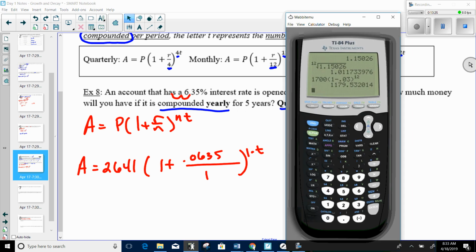So I'm going to grab the calculator and I'm going to type that right side in. 2,641(1 plus 0.0635) raised to the 5, because that's how many years? That would be $3,592.98 or 99 cents.